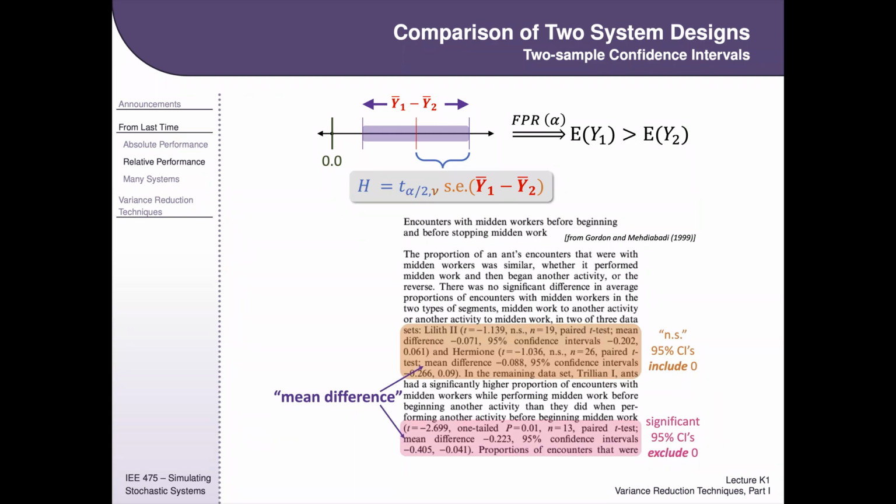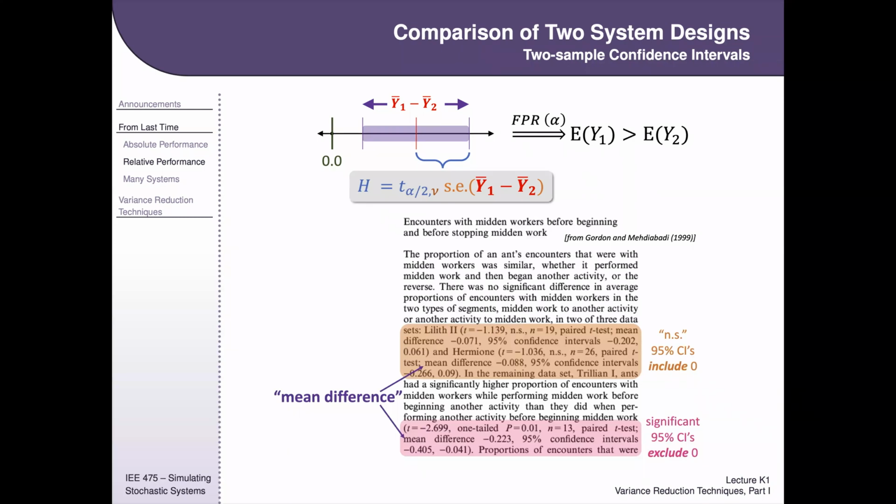So this is taken from an academic paper where they did a paired example with these two systems. And right in the text of the paper, I won't read through all of this, but they give a t-value. They say it's not significant. They give you the number of samples. They say they did a paired t-test, and then they report the mean difference.